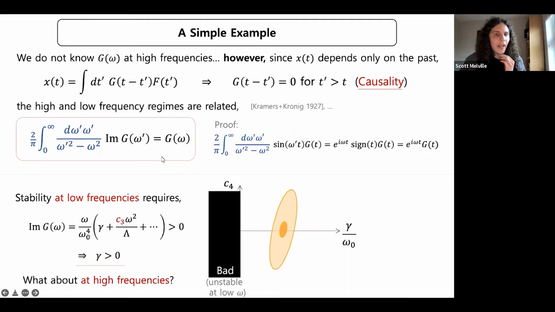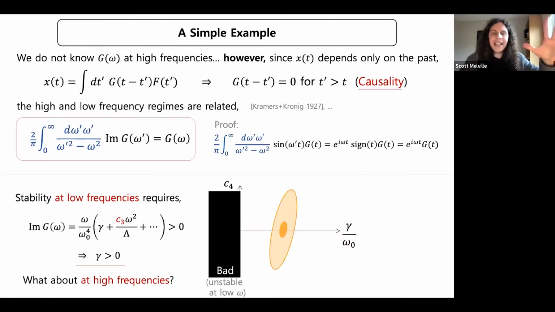All right, good. But for us, what does that mean? Well, here on the right-hand side, now we can do our low frequency Taylor series expansion, right? We can expand this G on the right-hand side in terms of these C3, C4 parameters.